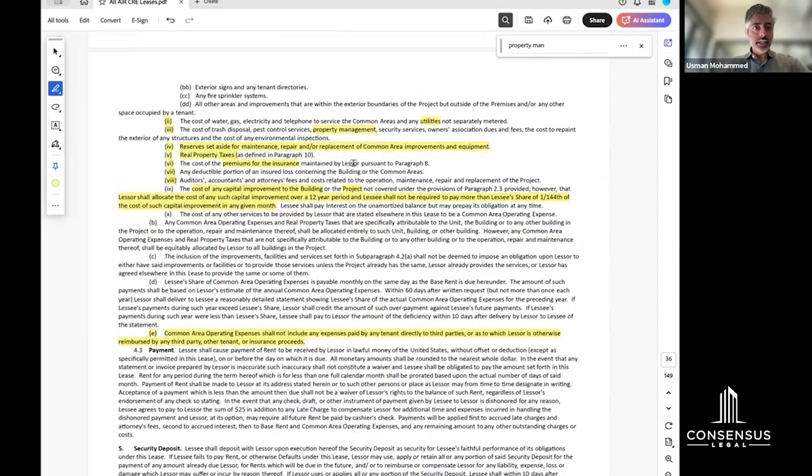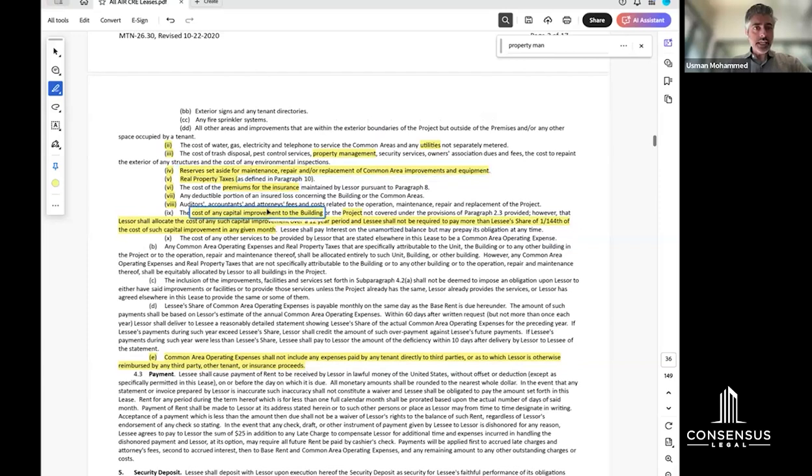Ty asks, what capital improvements can be passed through immediately? Well, if it's a capital improvement, and let me just share it again. If it's considered a capital improvement, it does have to be passed through over 12 years.